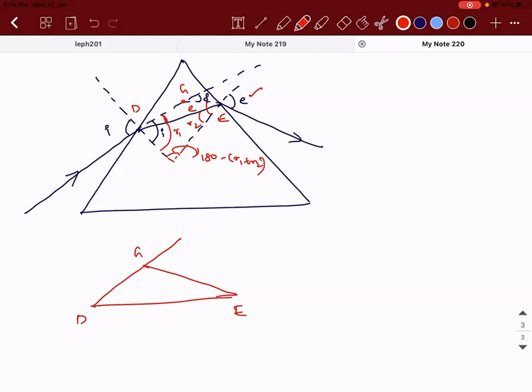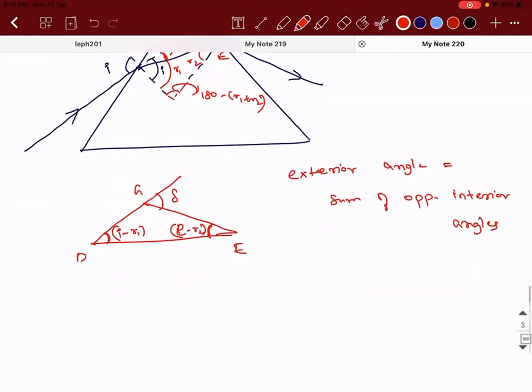So this is I minus R1, and this is E minus R2, and this angle is delta. So we can say that exterior angle is equal to the sum of opposite interior angles. So delta will be equal to I minus R1 plus E minus R2.